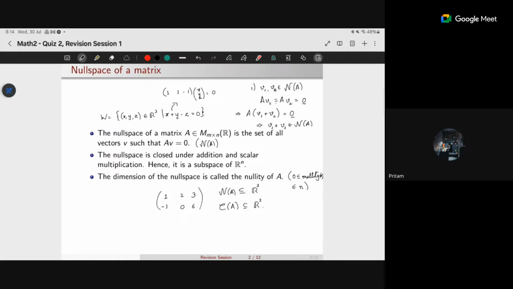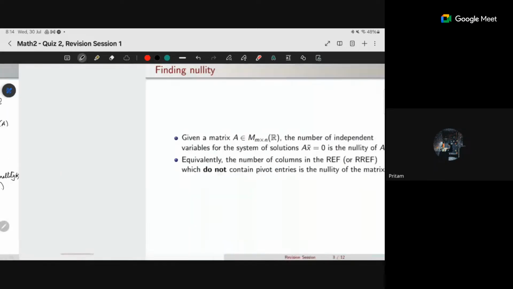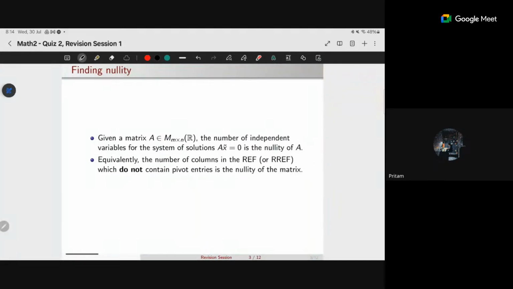Now that we understand what the null space is and what the dimension of the null space is, let's see how we actually are going to calculate it. First of all, let's see how to calculate nullity. You are given a matrix, you want to calculate its nullity.